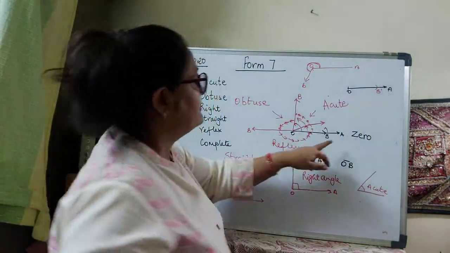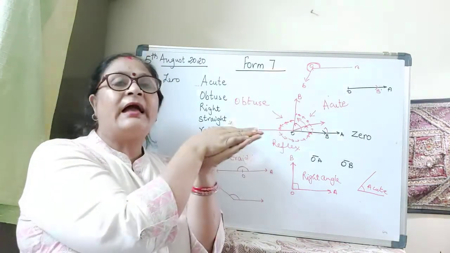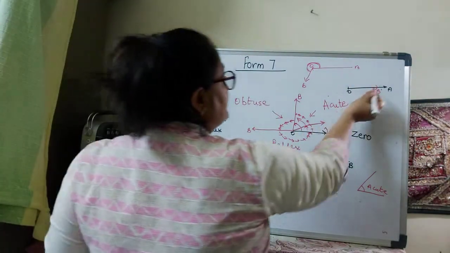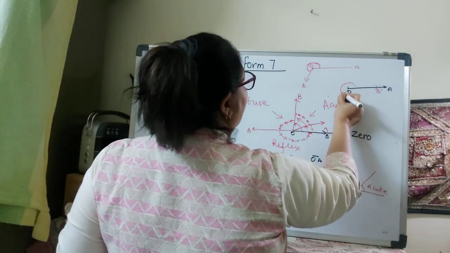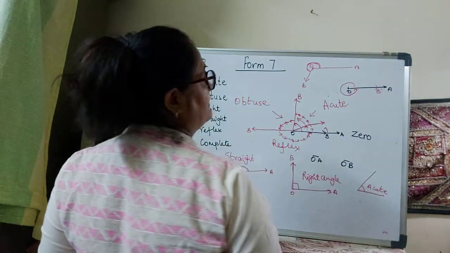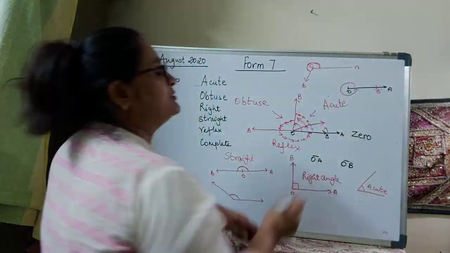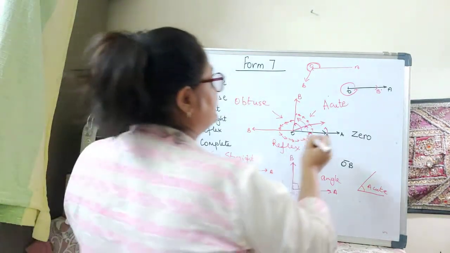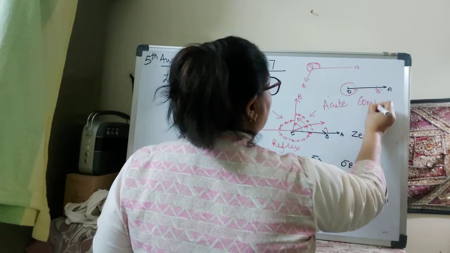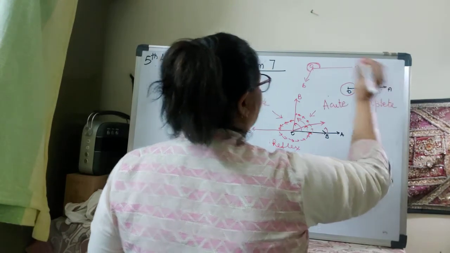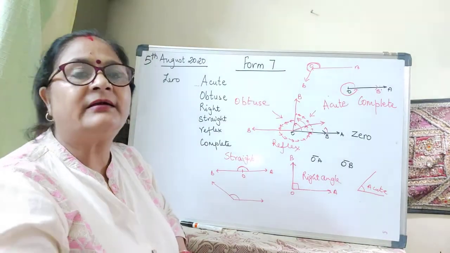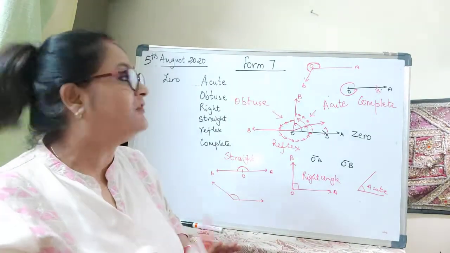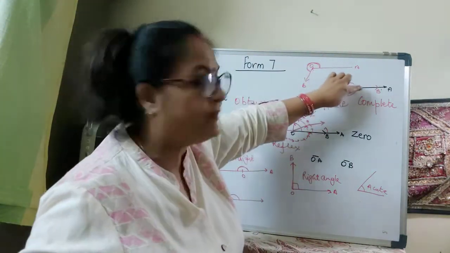Now again, same way, both the lines are one on top of the other. But this came back after moving right around. So when it comes back to its original position, after taking one full round, then this is known as the complete angle. What is it called? The complete angle. Remember, a complete angle finishes one full movement.